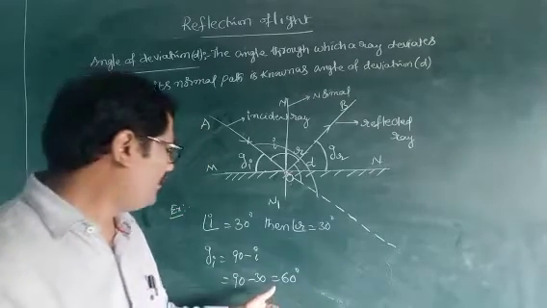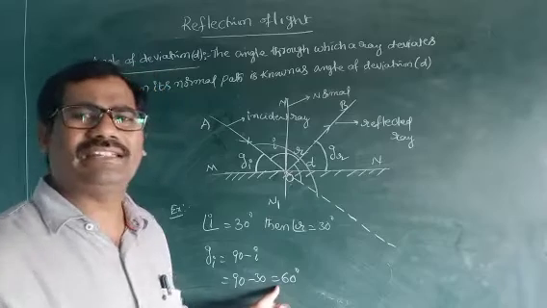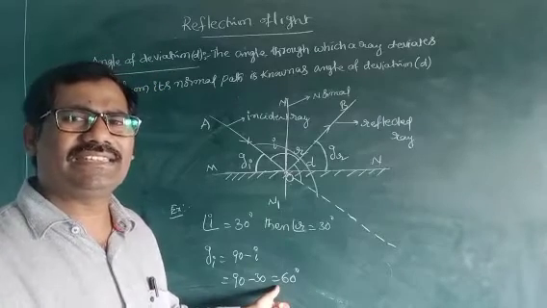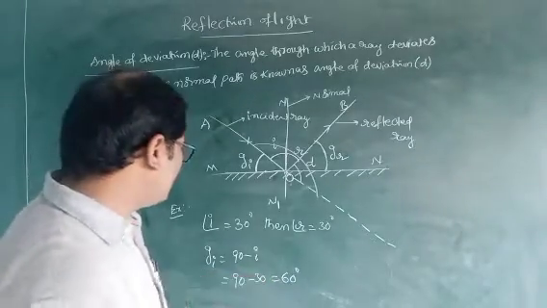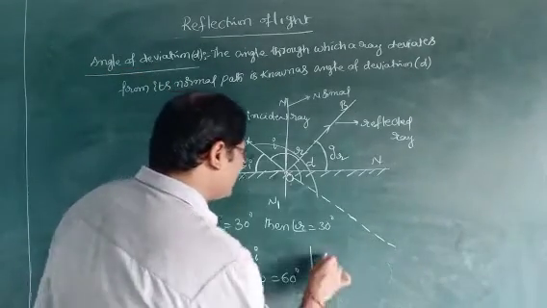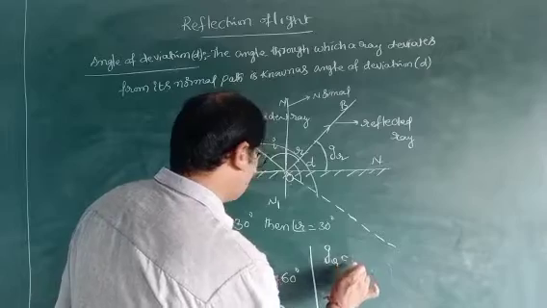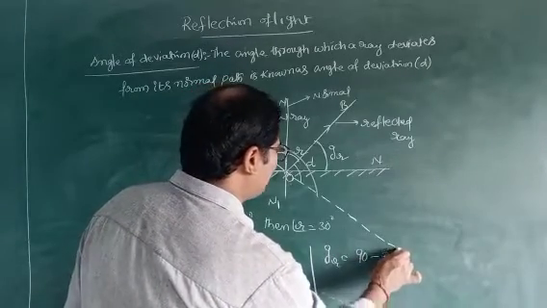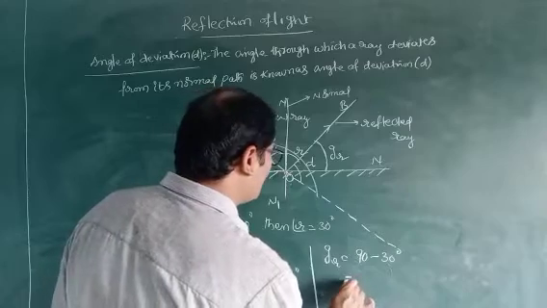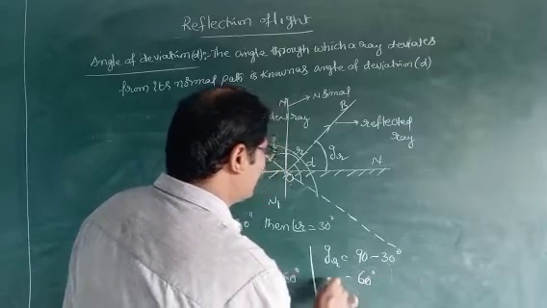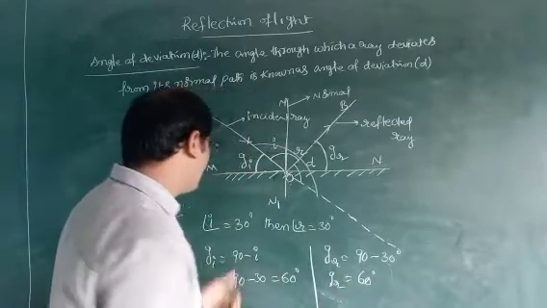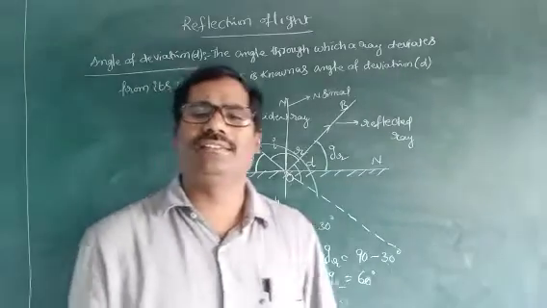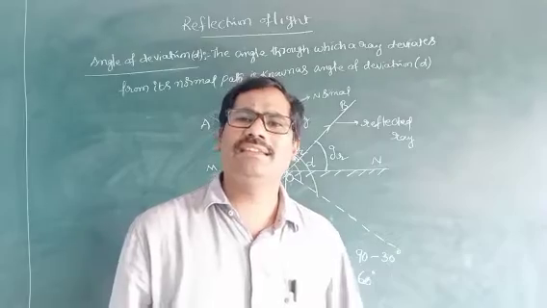That is the incident glancing angle. In case of the reflected ray, GR is also 90 minus 30, equal to 60 degrees. That means I is equal to R and GI is equal to GR. That is the glancing angle.